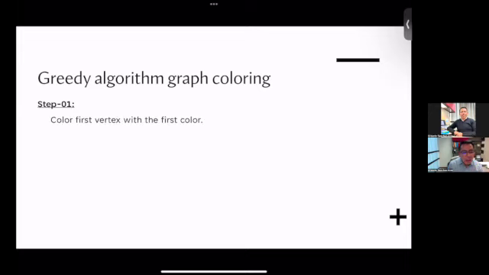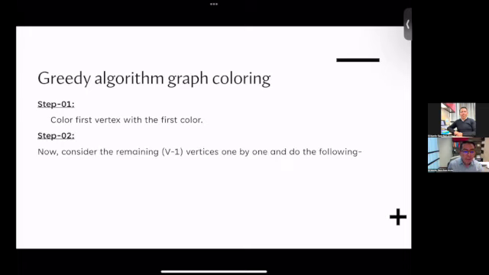So the first step is to color the first vertex in my graph with the first color I have in my box of colors. Then my second step is to consider the remaining vertices that haven't been painted, one by one, of course.